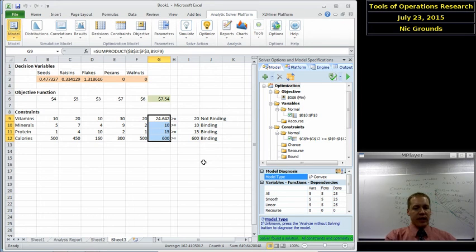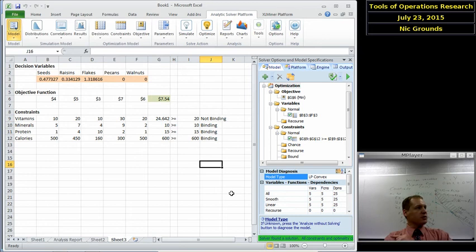So, again, we'll ask some of the standard questions. First, what's the pattern of the optimal solution? The pattern is we should only use seeds and raisins and flakes because they're cheap, presumably. Pecans and walnuts are a more expensive ingredient. They may give us more nutritional value, but if you think about it, let's take, for example, the walnuts. You can get 20 grams of vitamins for $6 if you chose walnuts.